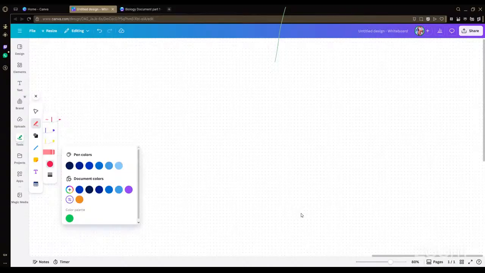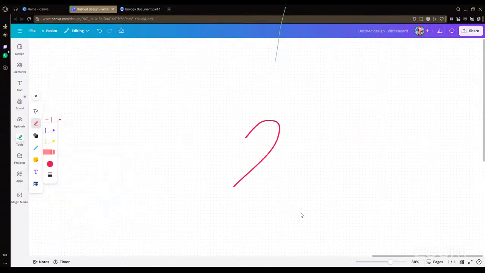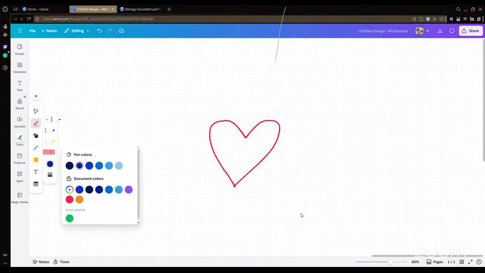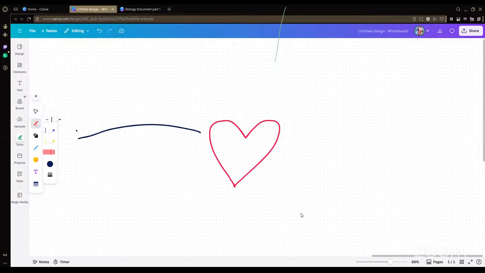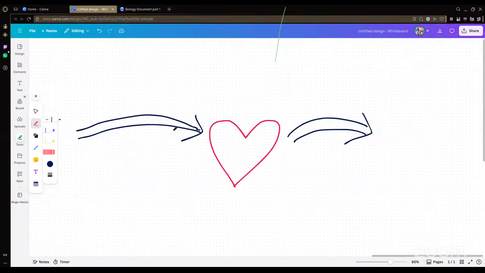So we have the heart. Pay attention to this very carefully. It's very important, because if you pay attention to this, then the rest are going to be so easy. Now we are going to be having a blood vessel. We have a blood vessel coming towards the heart, and here we have a blood vessel going away from the heart.